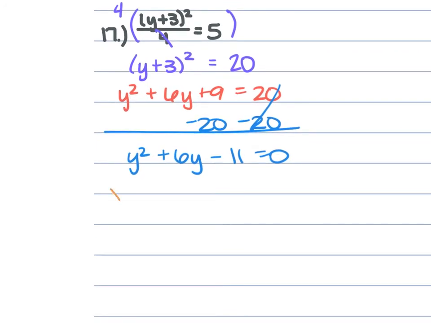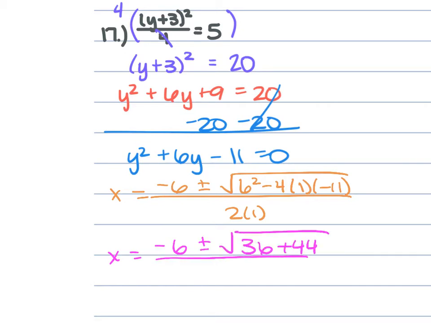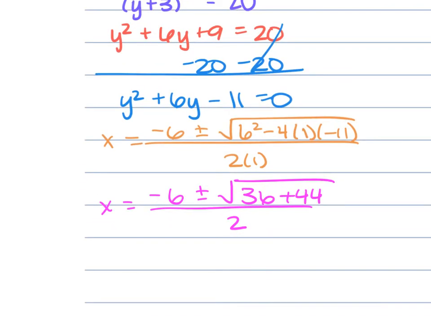From here, I have x is equal to negative 6 plus or minus the square root of 6 squared minus 4 times 1 times negative 11 all over 2 times 1. So x is equal to negative 6 plus or minus the square root of 36 plus 44 all over 2. So x is equal to negative 6 plus or minus the square root of 80 all over 2.